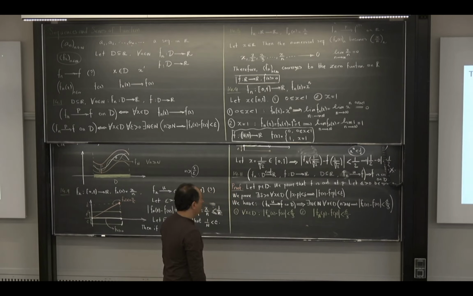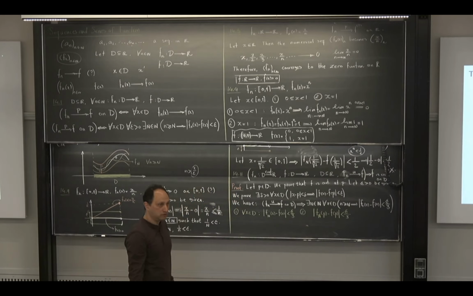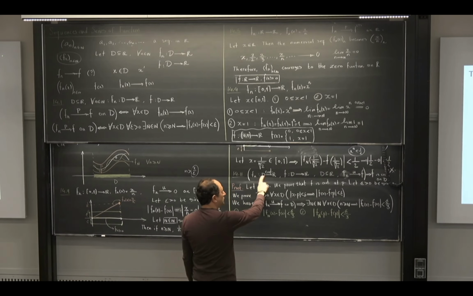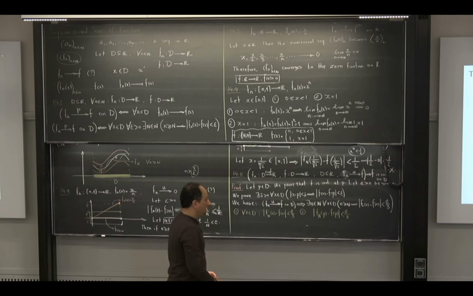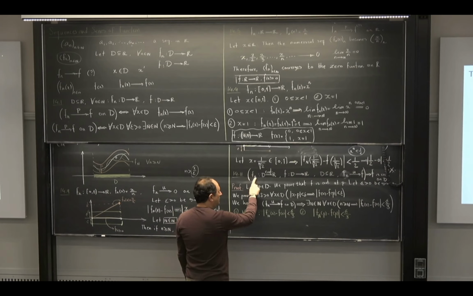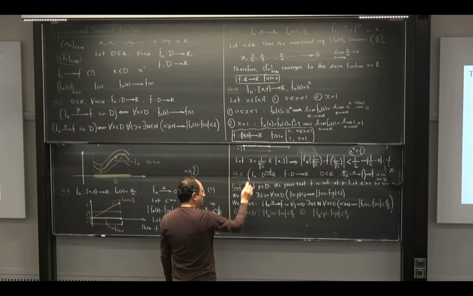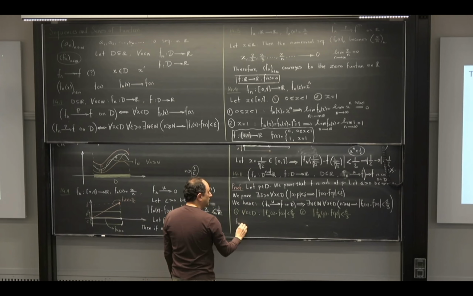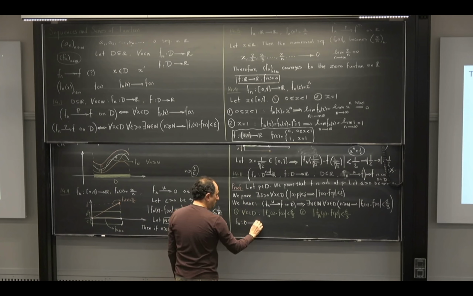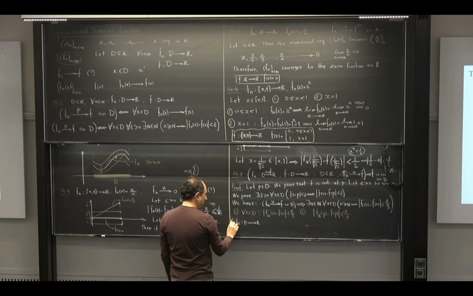There's one piece of information I haven't used yet, and that is the continuity of the f_n's. So now what I can talk about is this. Do you agree that f_N is also continuous? Because it is continuous for every n, including that N you got from this. So we know that f_n from D to R is continuous for every n.